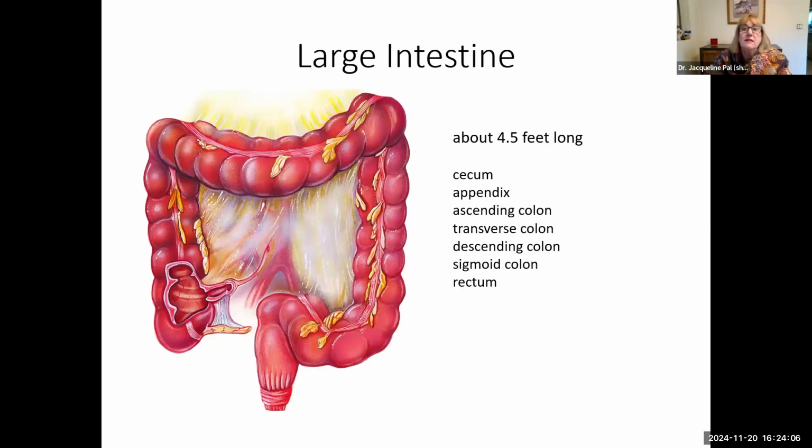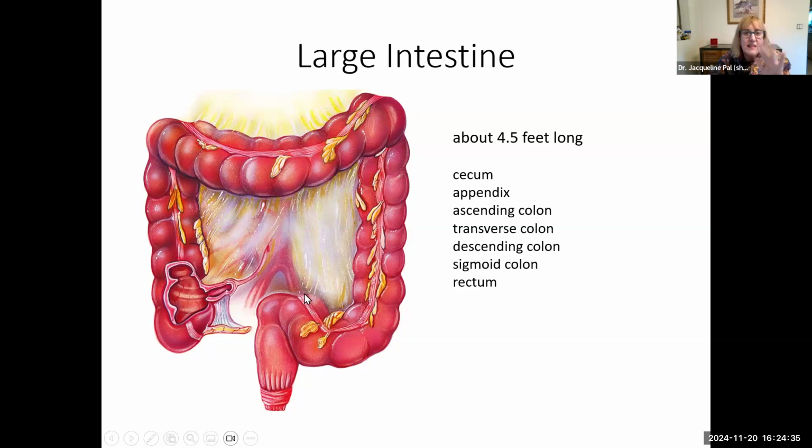So the large intestine is only about 4.5 feet long, and it starts in the right lower quadrant of the abdomen where the small intestine enters it. There's a little piece that's lower than the small intestine called the cecum, from which the appendix hangs down. Then it goes up the right side of your abdomen to about the liver, crosses across the top of your abdomen, and then goes down the left side of your abdominal wall.